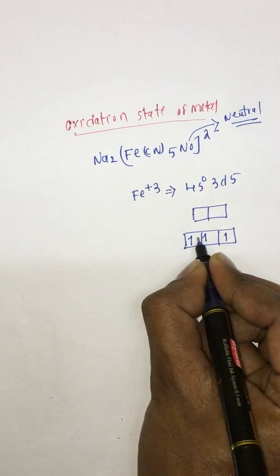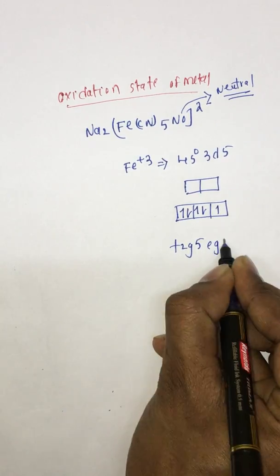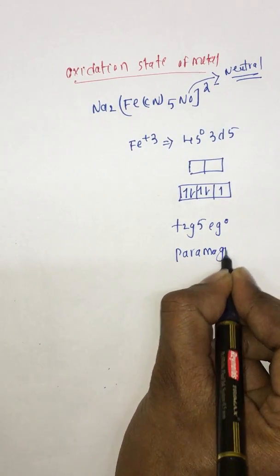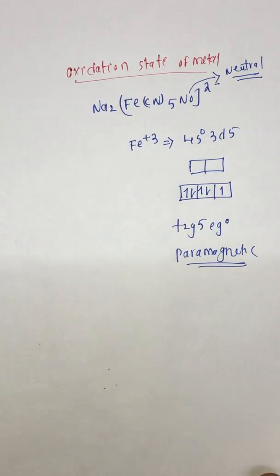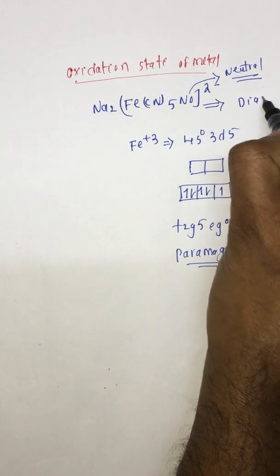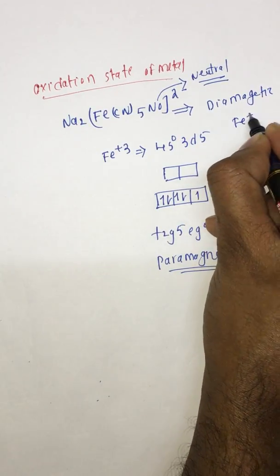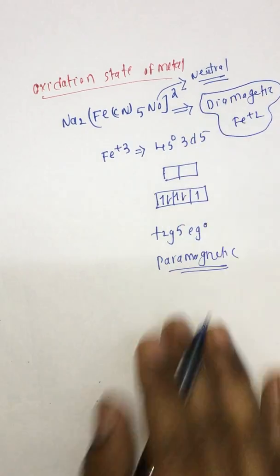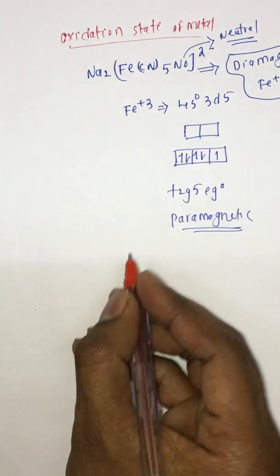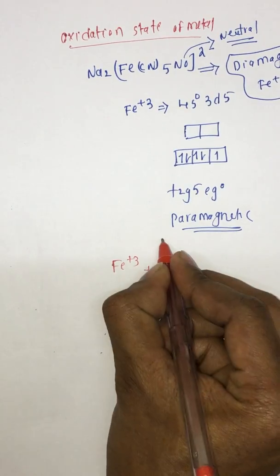So 1 2 3 4 5. So we have t2g5 eg0. So this is paramagnetic in nature, but sodium nitroprusside is diamagnetic in nature, and the oxidation state of iron is Fe plus 2. Okay, so here what is happening: initially the oxidation state of iron is Fe plus 3, and NO has 11 electrons, right?